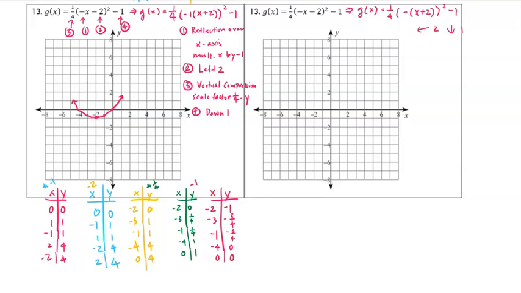And that's going to be a right 1 and up 1 and a right 2 and up 4, right? When you have an input of 2, you get an output of 4. You can do other things like right 3 and up 9 from the parent function.